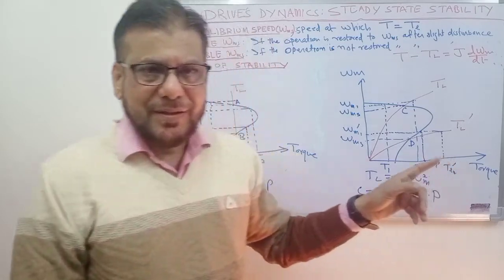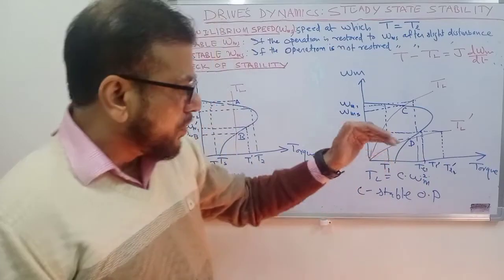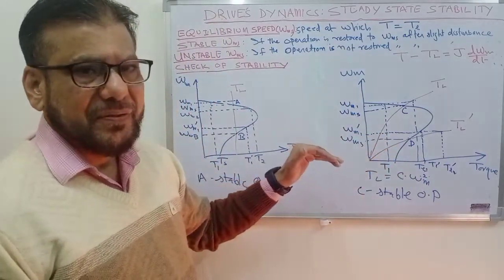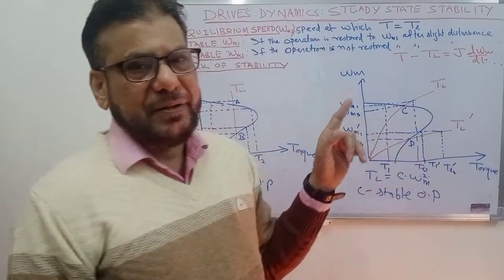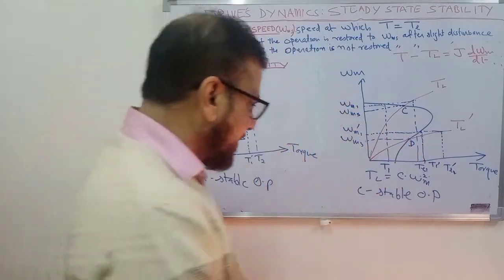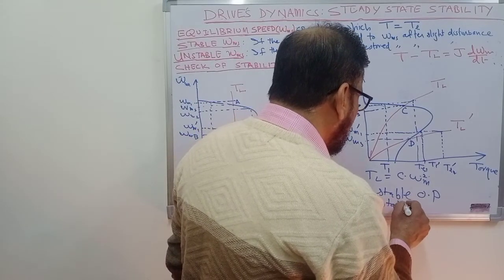This means that the driving torque has become less than the braking torque and the motor speed will decrease. Means that point D will be restored back. So you can say that point D is a stable operating point.